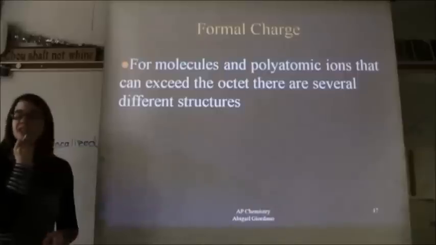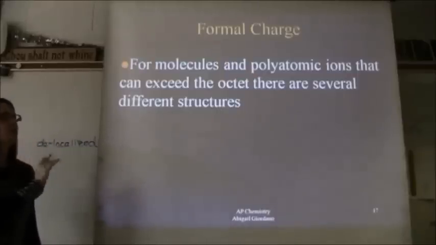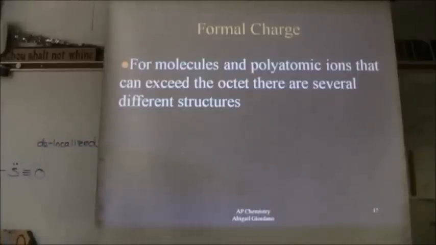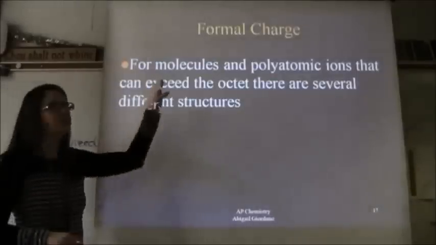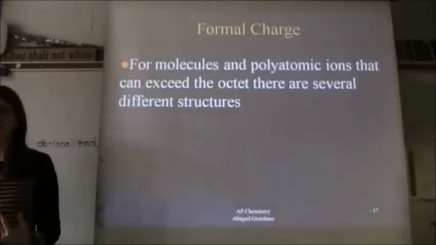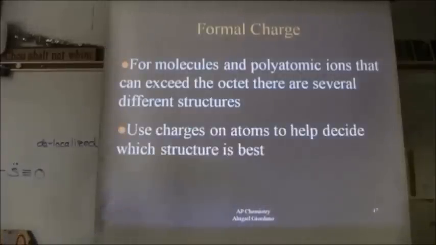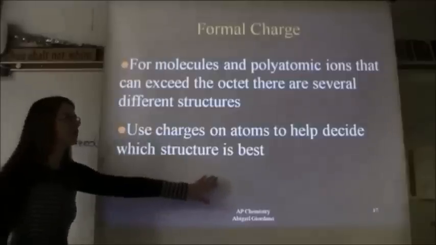And most of the time, what a formal charge question will look like is you might be given 2 or 3 different Lewis structures for the same compound. And those structures would already be drawn out for you. And the question would say, using the concept of formal charge, determine which structure is the best.